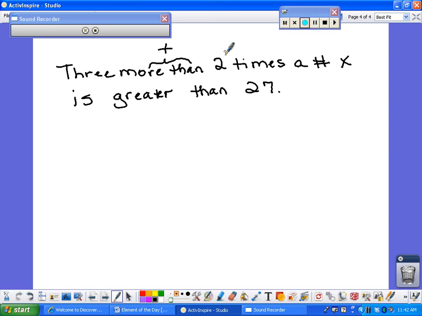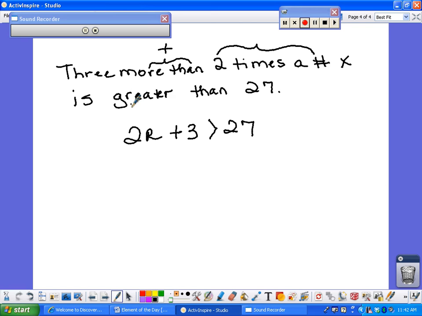So, when we look over here, 2 times a number, well, I'm going to assign that number r. So 2 times r, and I need 3 more than that. So I'm going to add 3. And that has to be greater than 27. Okay?